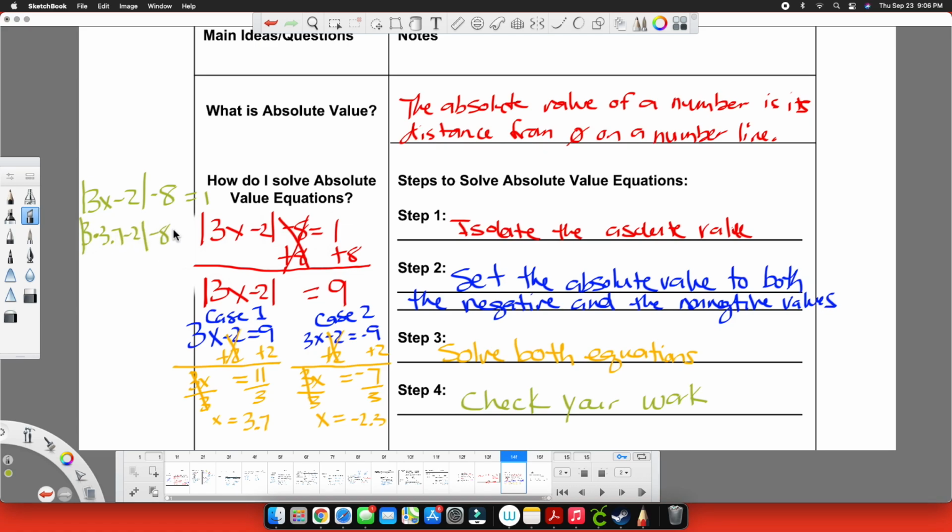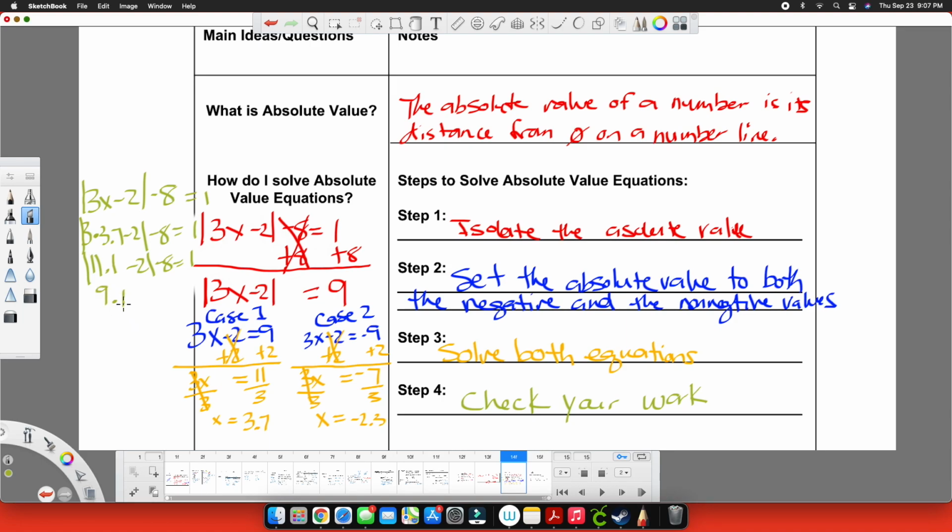All right, so we have 3 times 3.7, and we get 11.1 minus 2. Remember, with the absolute value we do drop negative signs, but not until we get down to one number. So 11.1 minus 2 gives 9.1.